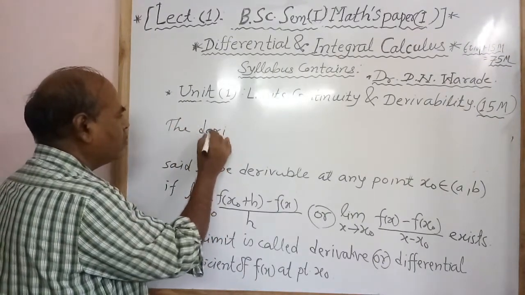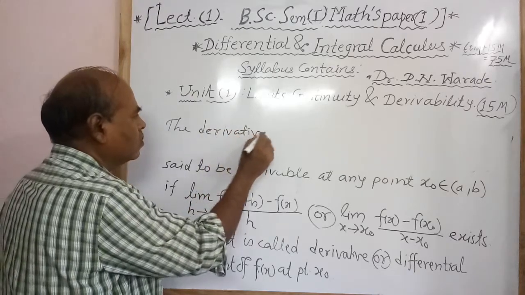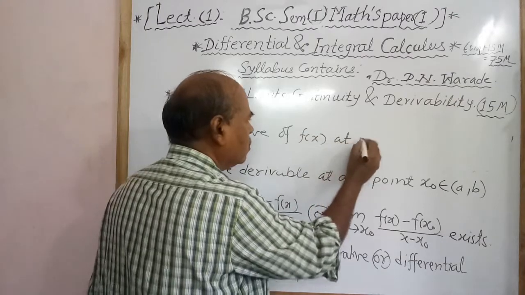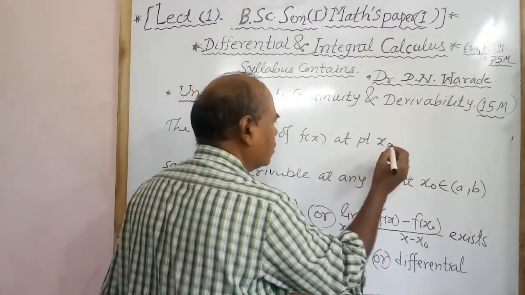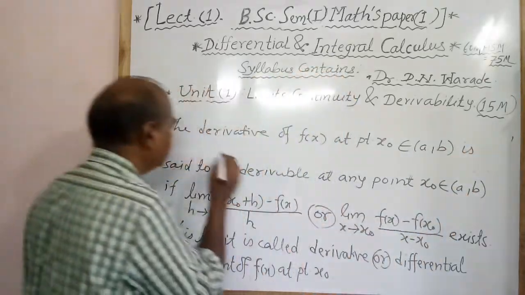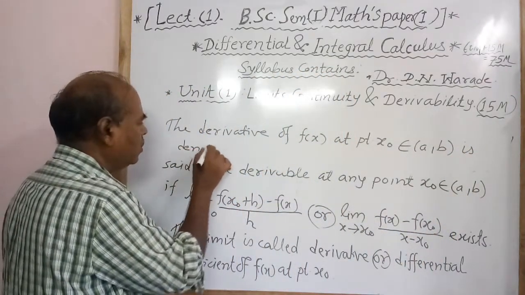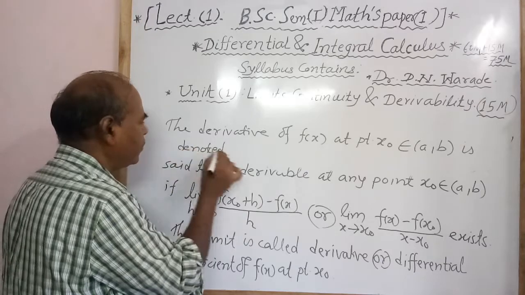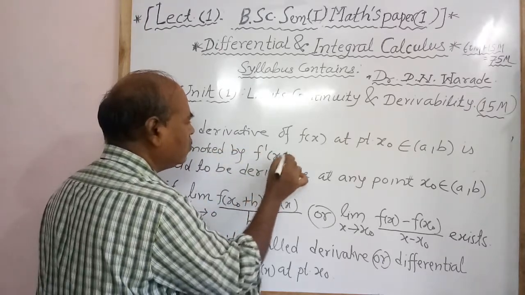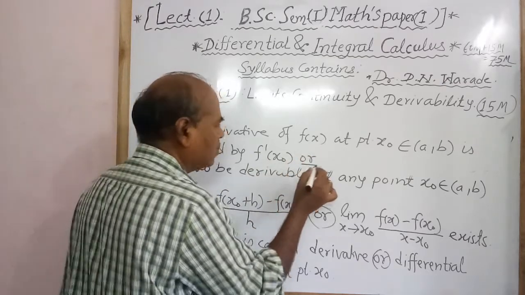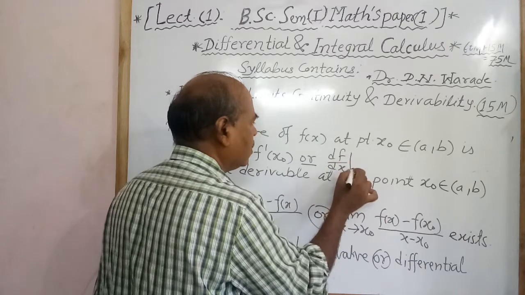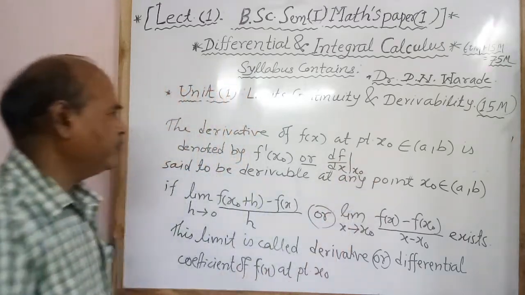The derivative of f of x at the point x0 belonging to (a, b) is denoted by f dash of x0 or df by dx at x0.